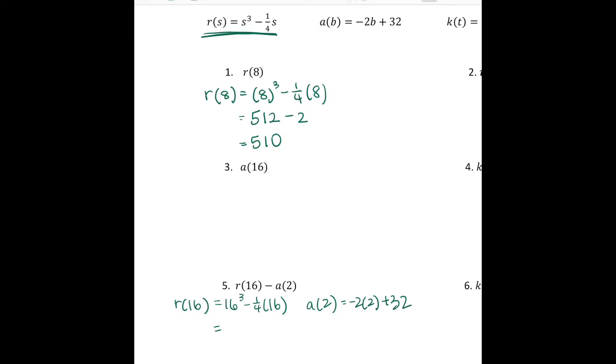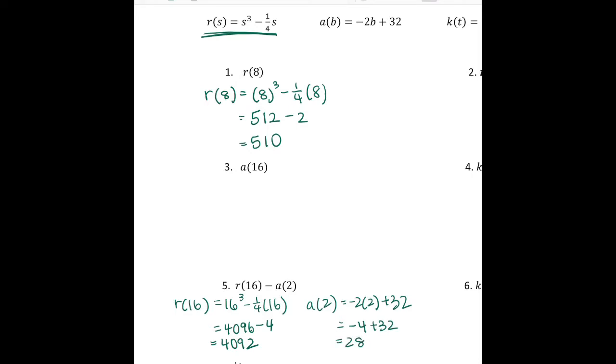Let's see, 16 cubed is 4096, minus 4, so that equals 4092. And then this becomes negative 4 plus 32, so that's 28.